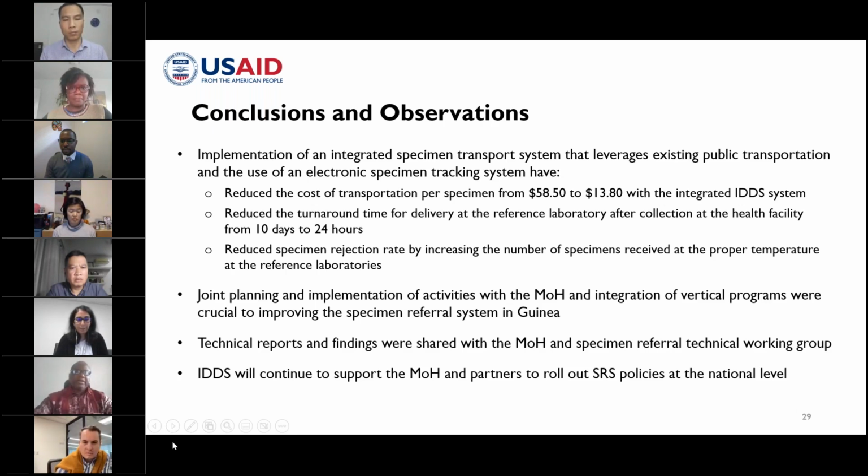So the lesson learned and the takeaway from this pilot that we conducted is that joint planning, including all partners, the Ministry of Health, and also integrating vertical programs, was crucial to improve the specimen referral system in Guinea. And IDDS will continue to support the Ministry of Health and partners to roll out the SRS model that we piloted at the national level. Next slide.